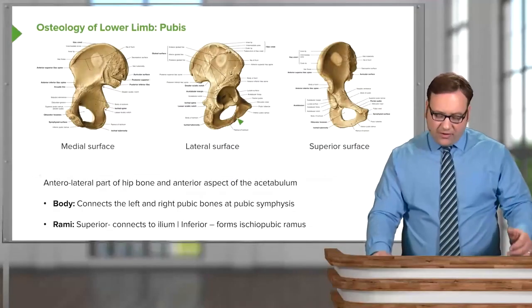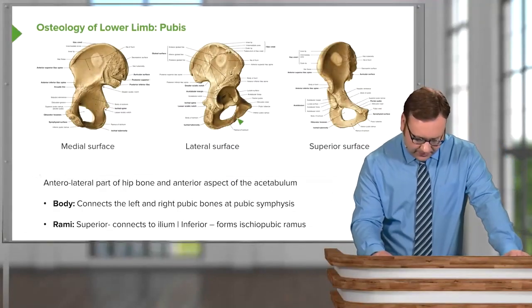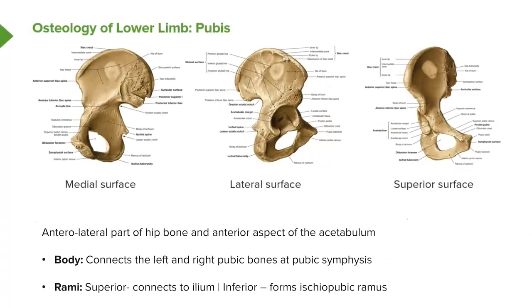The body of the pubis connects the left and right pubic bones at the pubic symphysis. So if we look to this superior surface, we can see the body of the pubis here. And this is going to run along to the other body of the pubis on the other pubic bone. So these unite at the pubic symphysis.